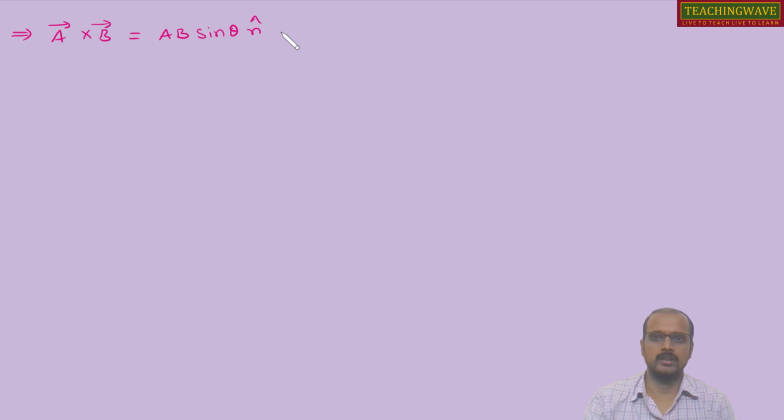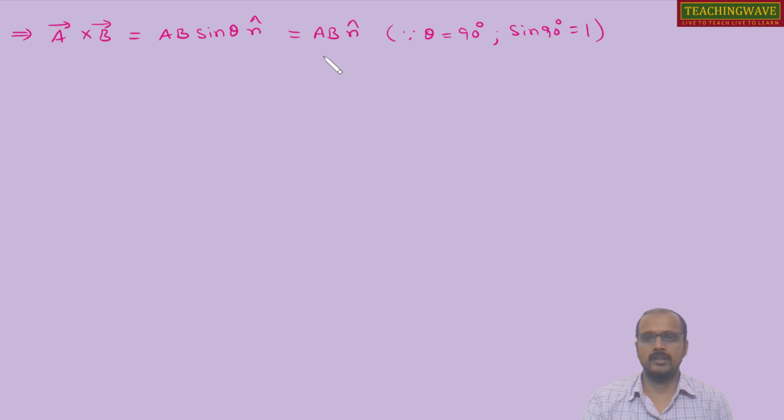N cap is the unit vector, that is equivalent to AB n cap only. Since here theta is equivalent to 90 degrees, sine 90 becomes 1. Sine 90 degrees value is 1. Therefore, it gives the maximum value of the cross product between orthogonal vectors.